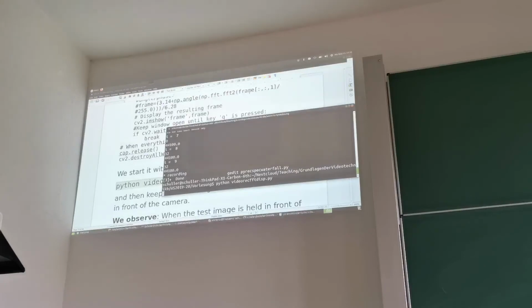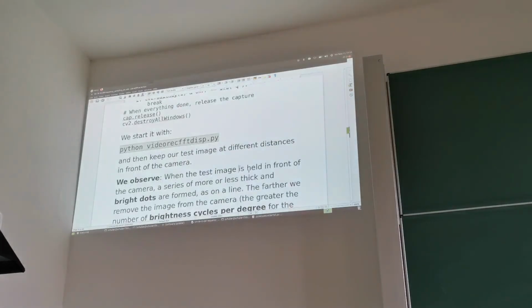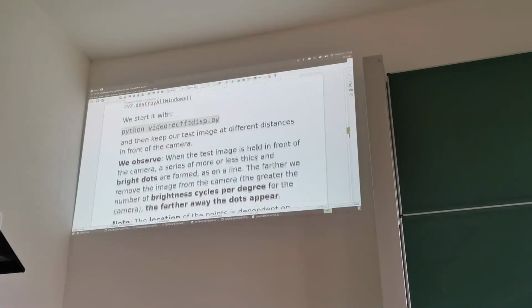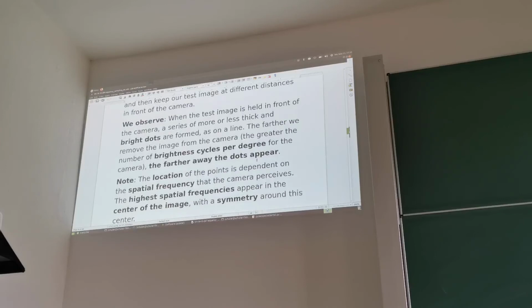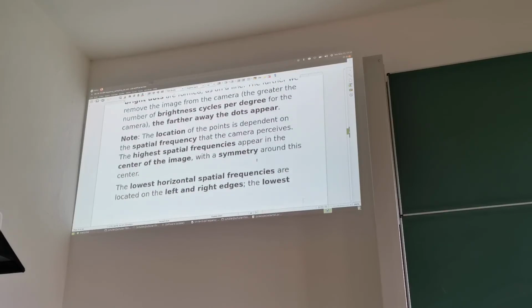Here again, quit with Q. So again, we can see here what I just showed you. The location shows us the spatial frequency, and then the brightness gives you the strength.